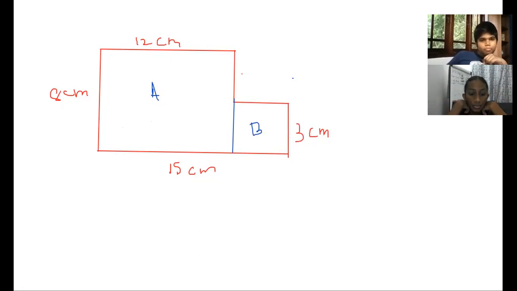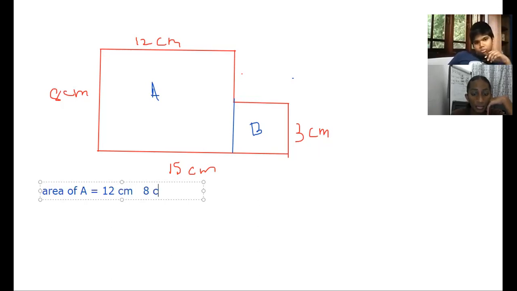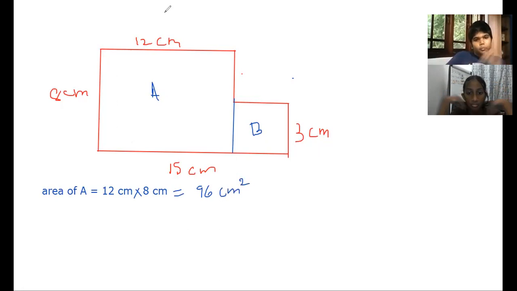So you can find the area. Area of capital A equals 12 centimeters multiply 8 centimeters. 12 multiply 8, 96 square centimeters. Also, we have to find area of B.